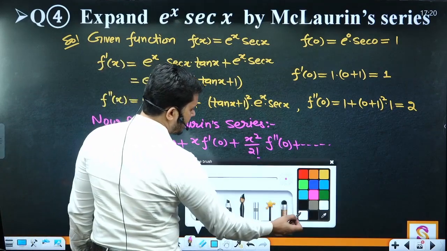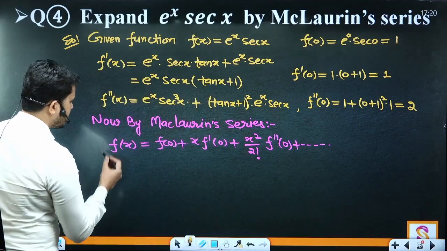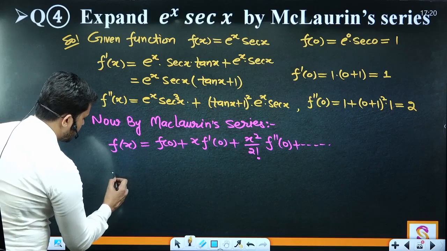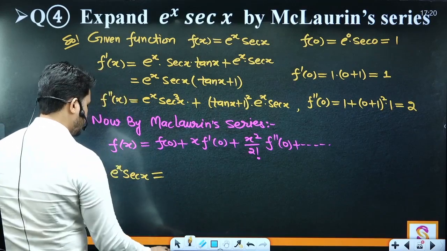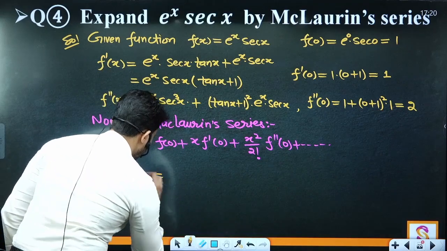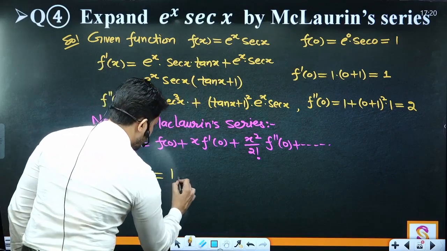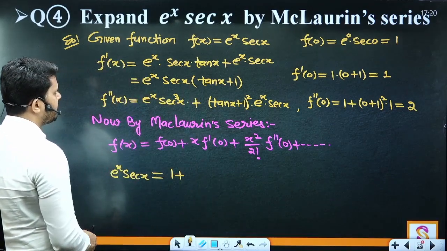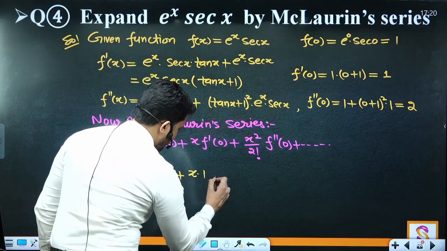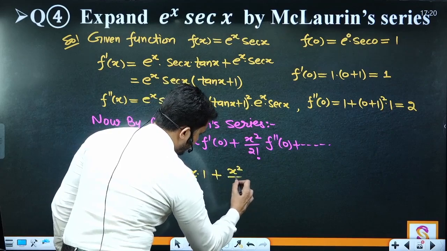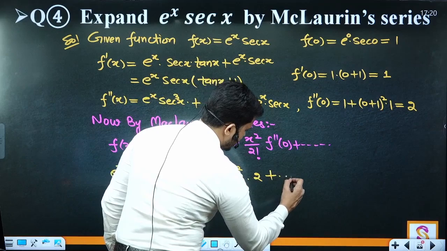Now you can put all these values here in this term, अब इसमें रखो, तो function e to the power x into sec x is equal to f(0) is 1 plus x into f dash 0, x into 1 plus x square upon 2 factorial into 2 plus and so on.